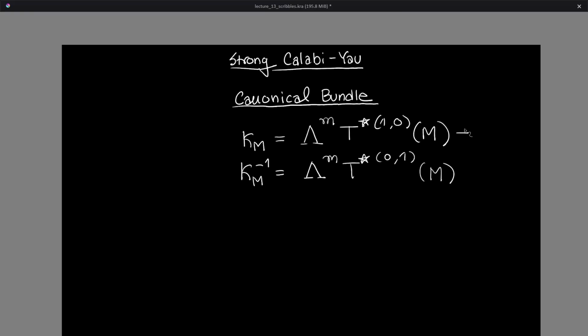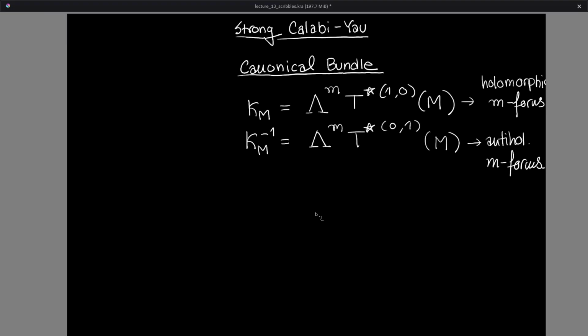This is the bundle of holomorphic m-forms, and similarly anti-holomorphic m-forms. One last thing we'll need is, what does it mean for a canonical bundle to be trivial?